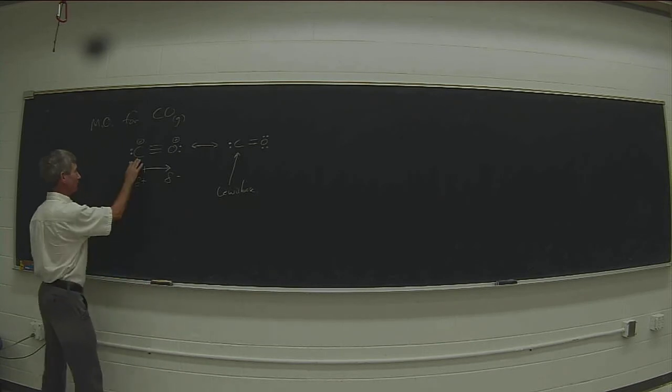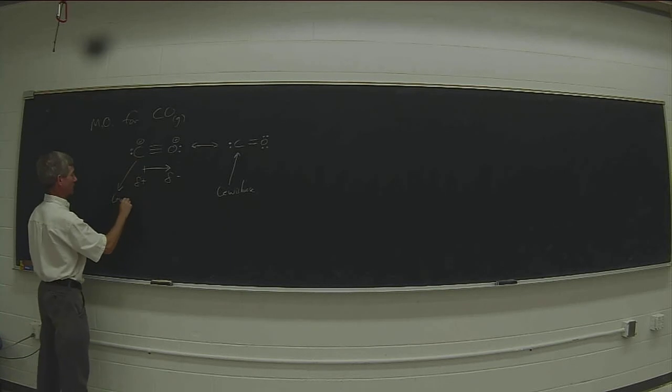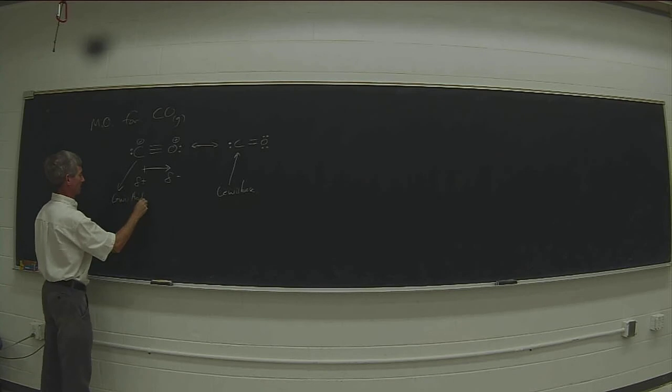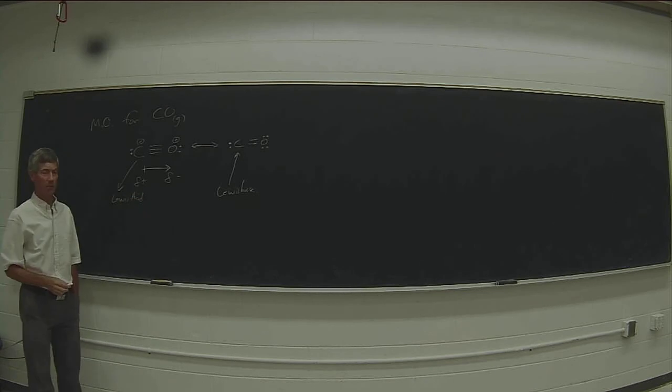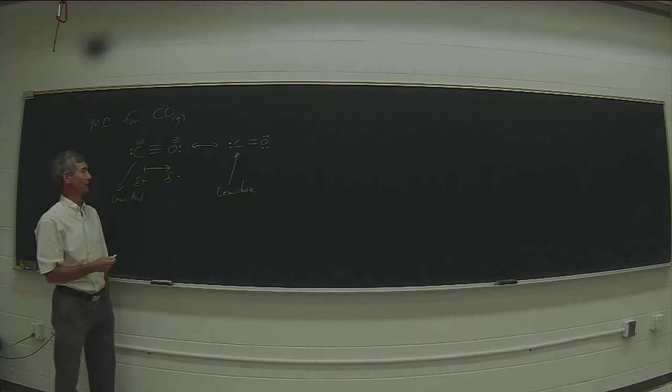And if you looked at the other structure, you might very much predict that carbon would like to attack a Lewis acid because it has a negative formal charge. But we know it doesn't really have a negative charge, it really has a partial positive charge.